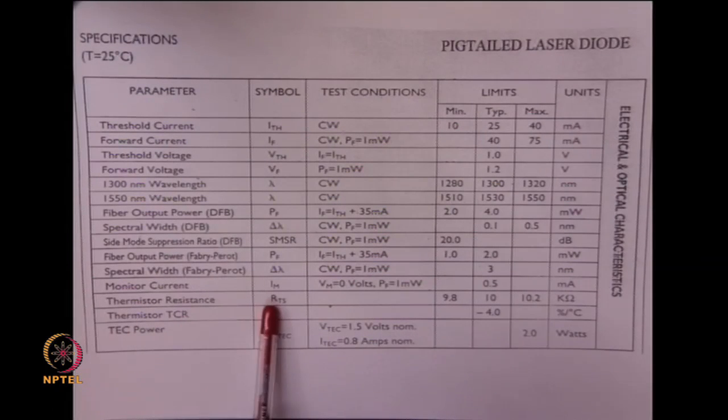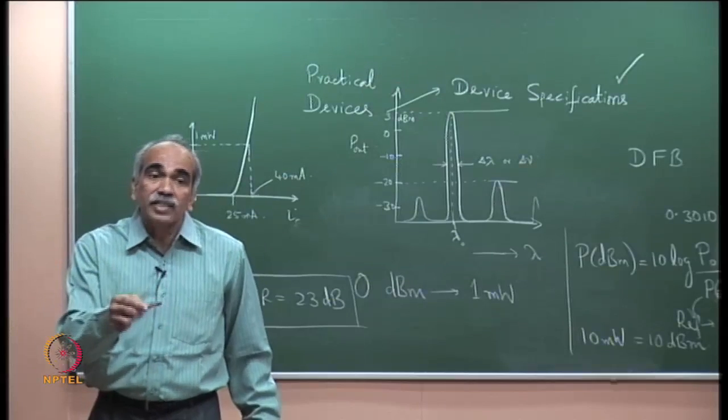Thermistor resistance: there is a thermistor here, and its resistance is given as 1 kilo ohm typical, and the thermistor temperature coefficient of resistance. These two are required to maintain the temperature of the device. The temperature coefficient of resistance is -4% per degree centigrade, which means as temperature increases, thermistor resistance decreases.